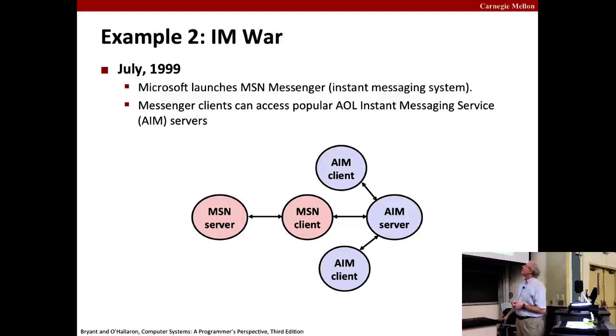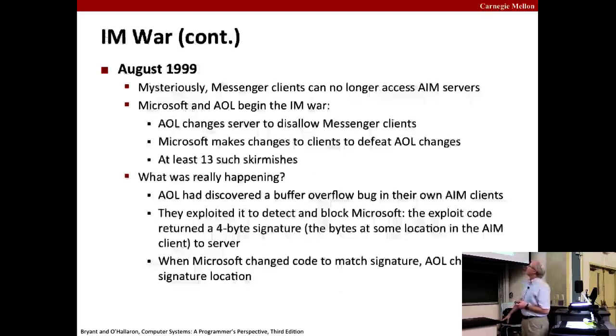And the funny story was this Microsoft program would work fine. You could communicate with your friends who had different messaging clients, and it all seemed compatible. But then suddenly the people that were running the Microsoft version of the software, it wouldn't work.